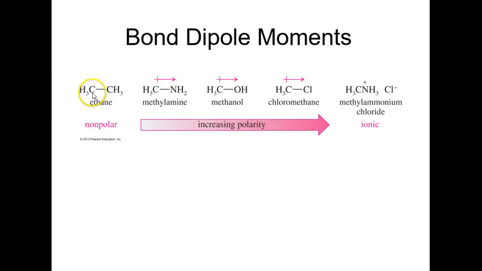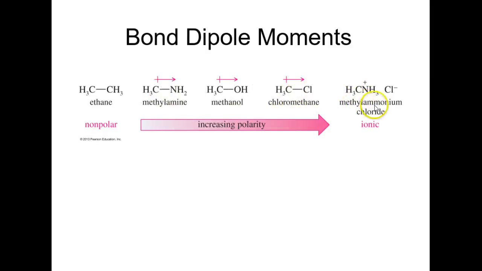Here I have 2 of the same atoms, so I have basically a nonpolar bond. I add a nitrogen, which is slightly more electronegative than carbon, an oxygen, more electronegative than nitrogen, and now chlorine, which is way more electronegative than oxygen or nitrogen.